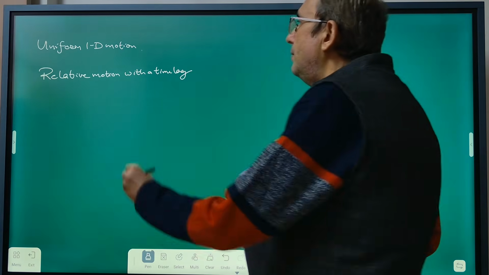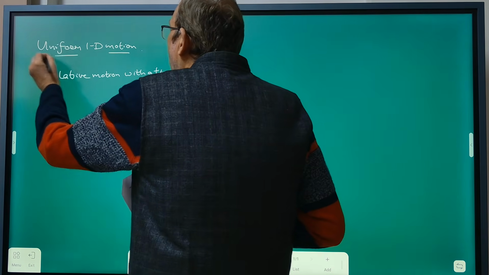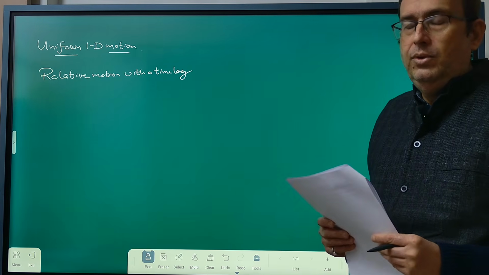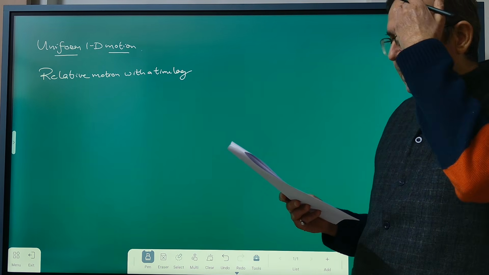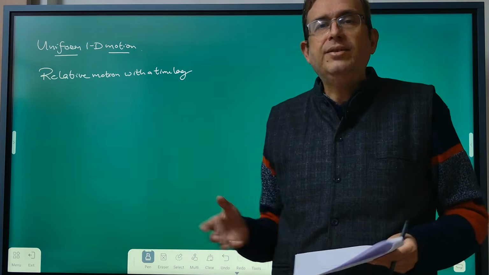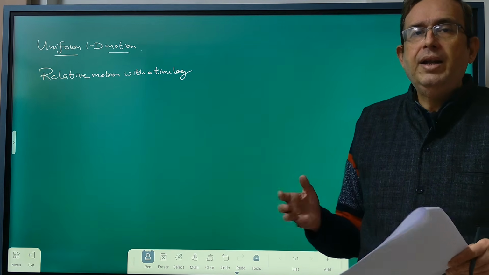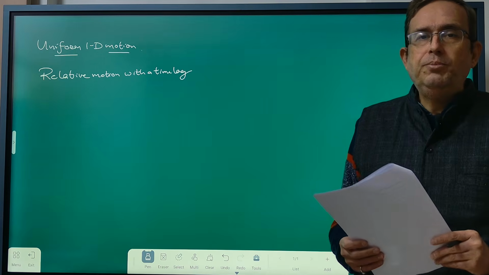So we have one-dimensional uniform motion and we are talking of relative motion now. Basically relative motion means that two objects are moving with respect to each other and we are understanding what is the relative motion between the two objects.